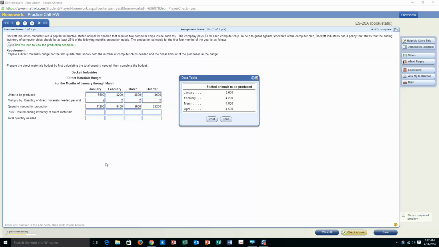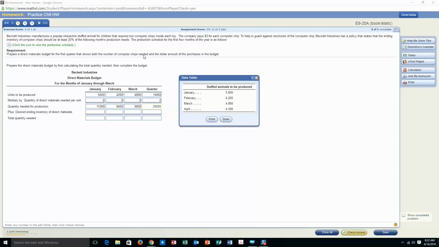And there's three basic steps to doing a direct materials budget. I've put in the first step, and that's where I take the units that are produced, which I got from the table in January, February, March, and actually April. I'll need the April information. And I multiply it by the actual quantity used of this material.